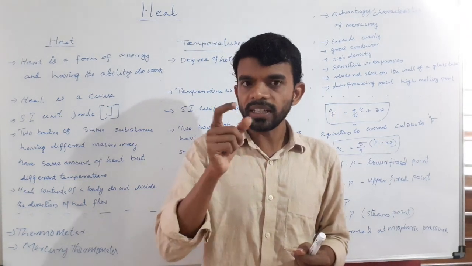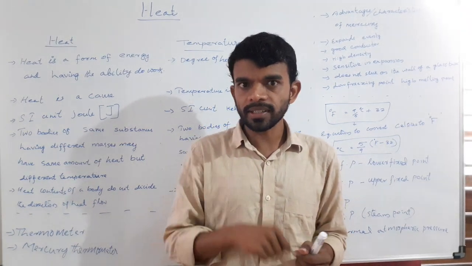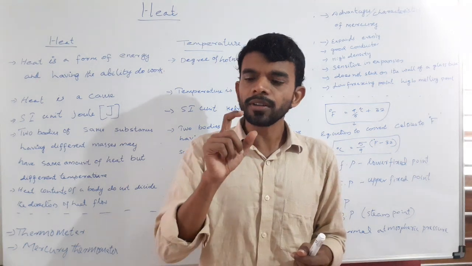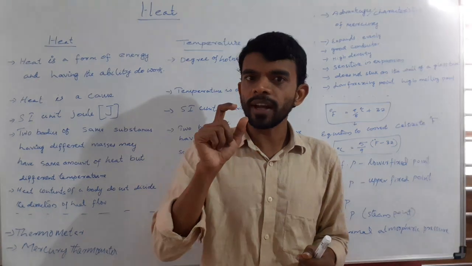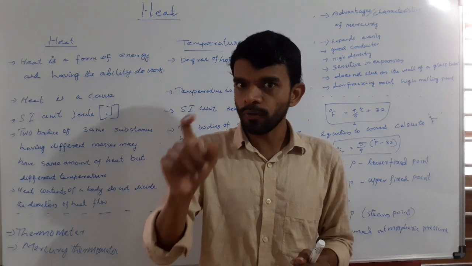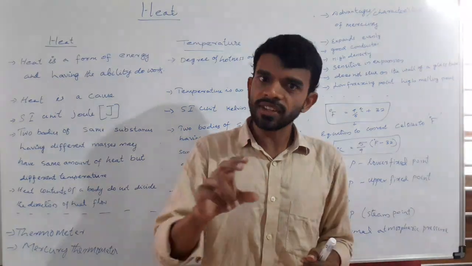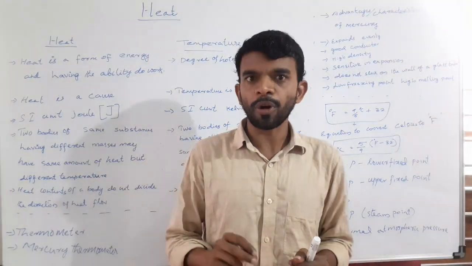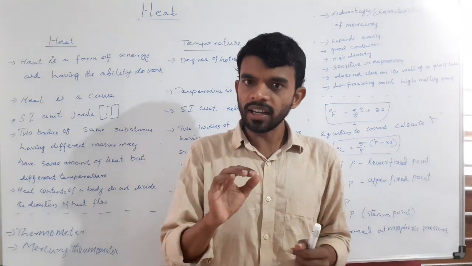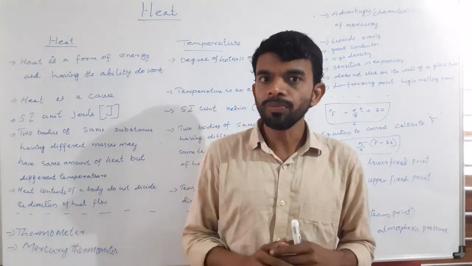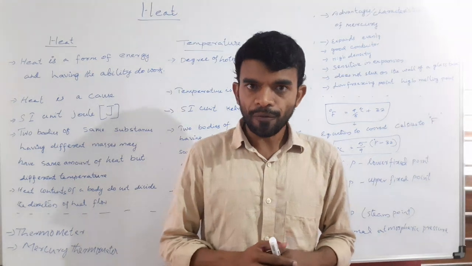So 212 degree Fahrenheit represents the boiling point of water. 100 degrees Celsius also represents the boiling point of water. So 100 degrees Celsius is equivalent to 212 degree Fahrenheit.